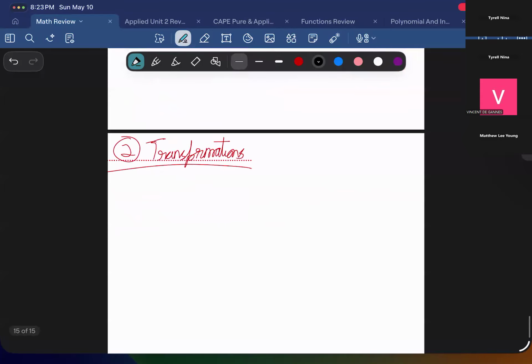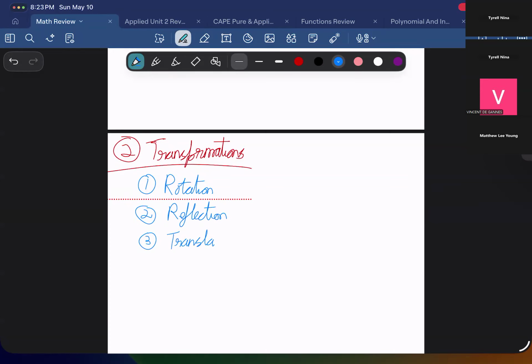We have three main ones, right? We have rotation. We have, actually, we have a good few. Reflection. We have translation. We have for enlargement.